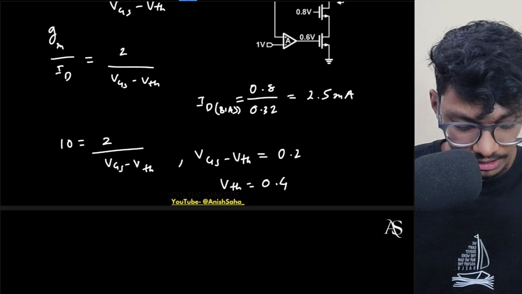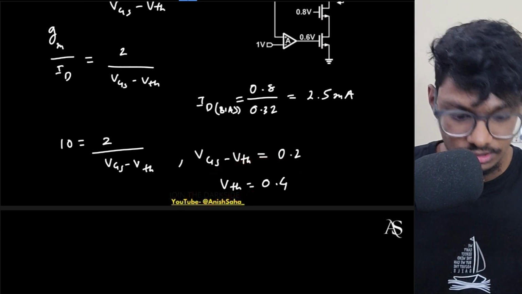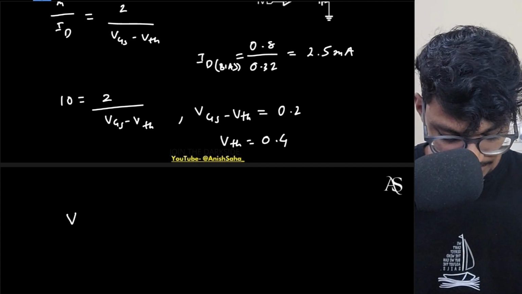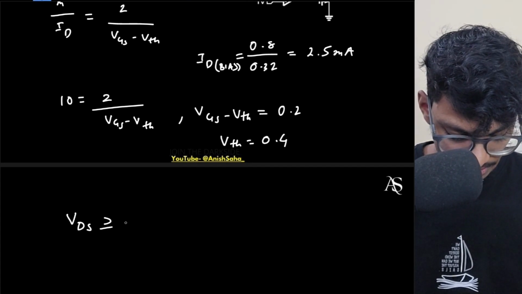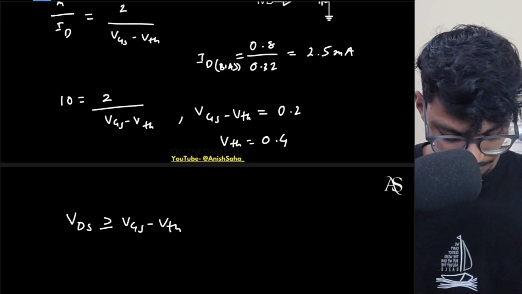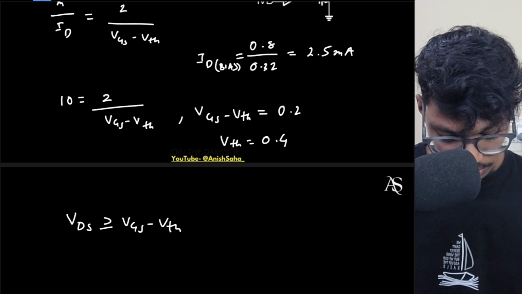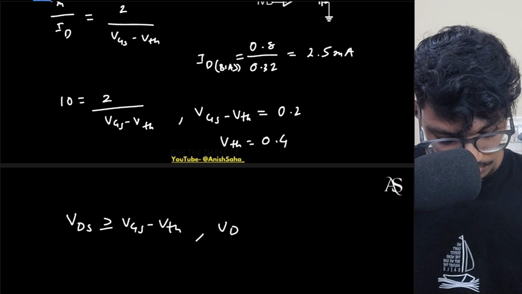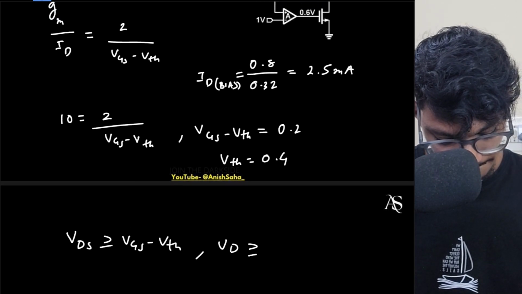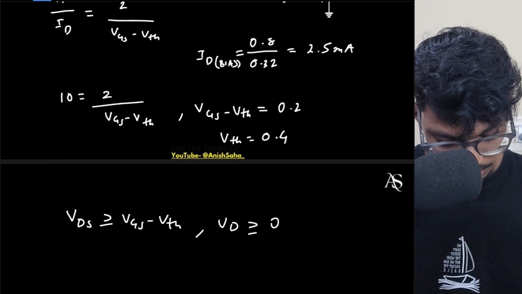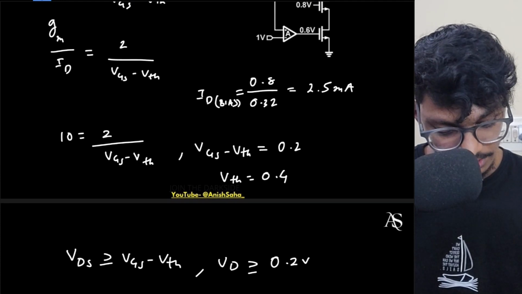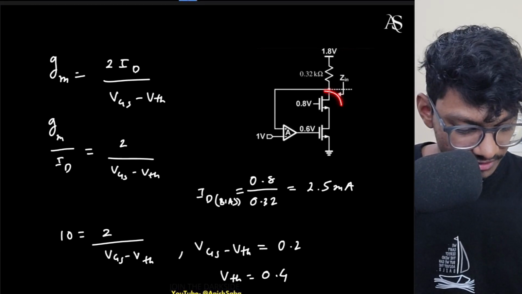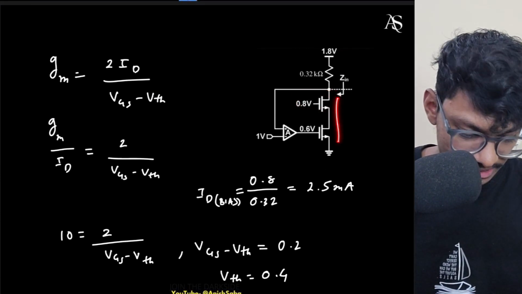So for it to be in saturation region, my VDS must be greater than or equal to VGS minus VTH. So that means my drain potential has to be greater than or equal to my 0.2 volts, correct?